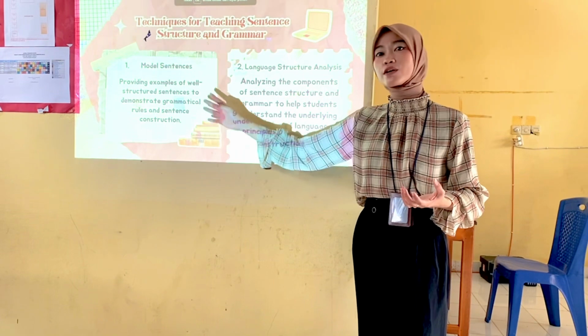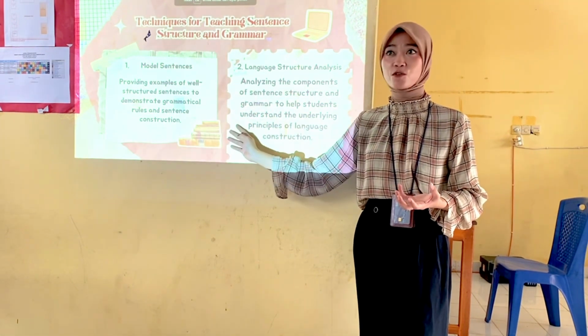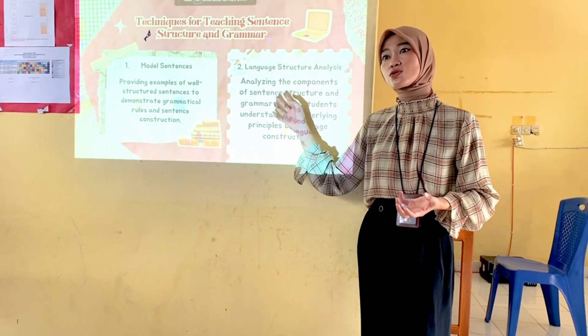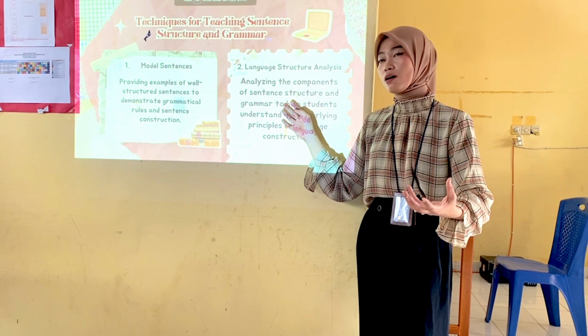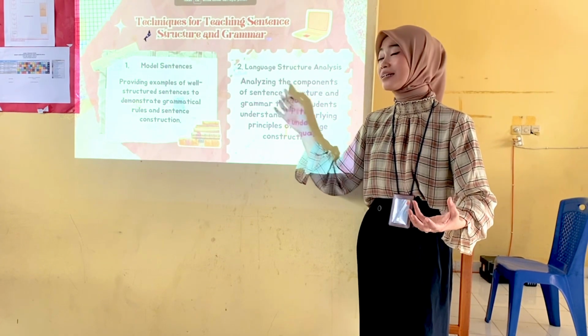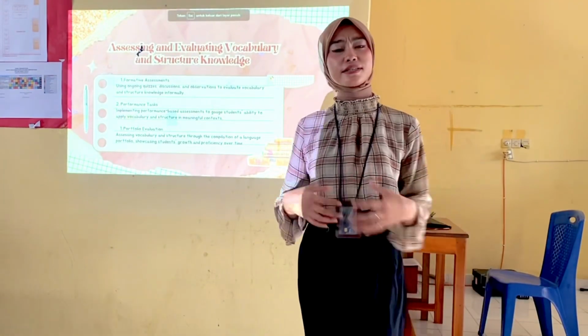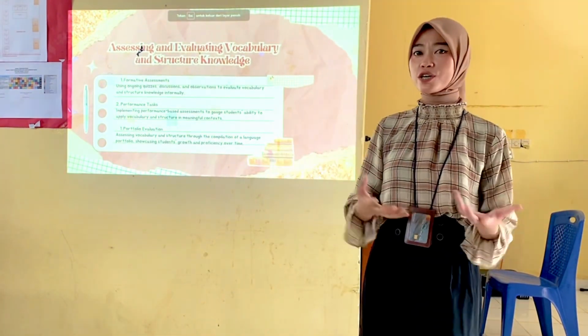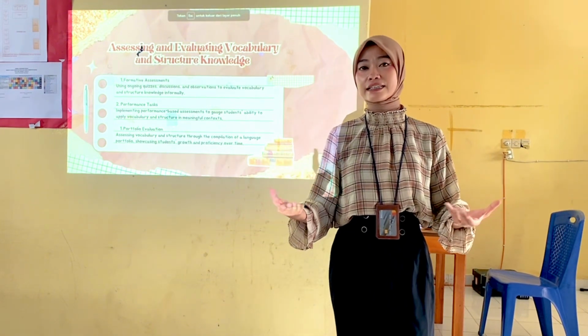For example, you give the example to the students first, and in the second step, or the second activity, you can give the students the task of analyzing the structure. Well, I think that's all the strategies and techniques that you can use as a teacher to teach English in the classroom.